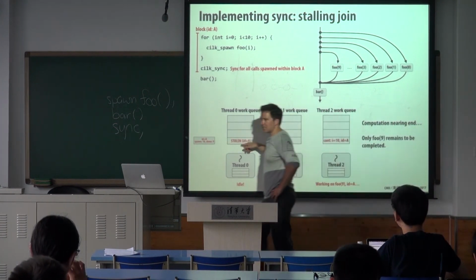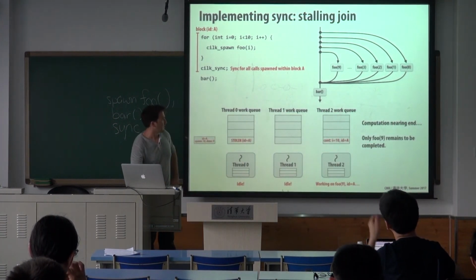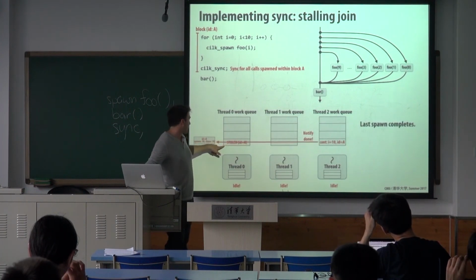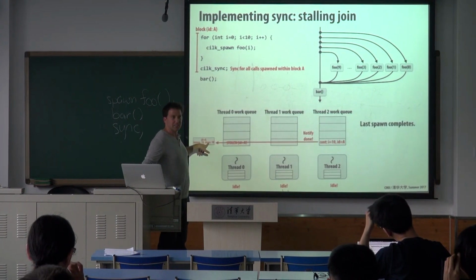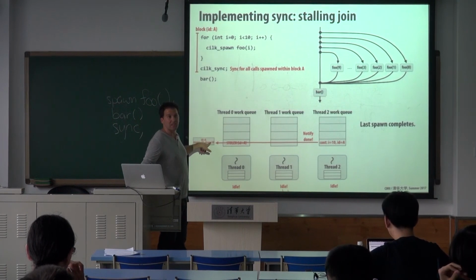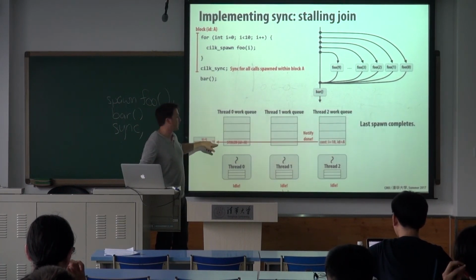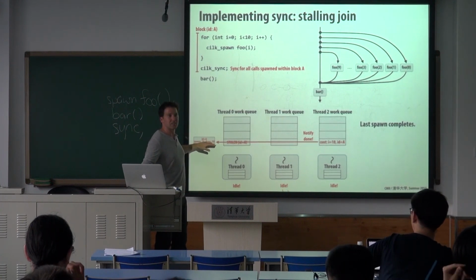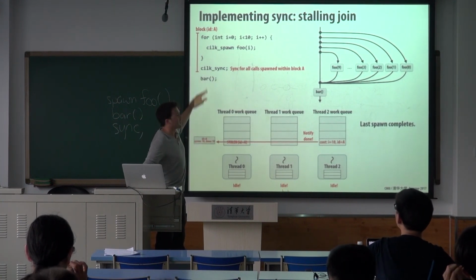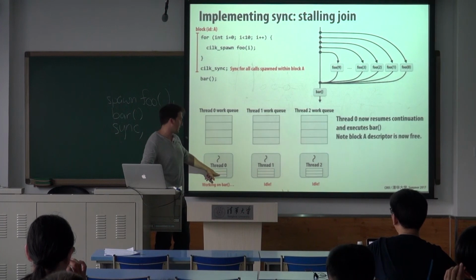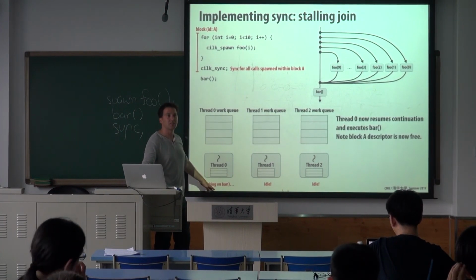And then we can just continue on. We can send the continuation back. Okay, so 10 are completed, 10 are done. And then we can just start working the sync. That means that the sync is done at this point. And now this thread can continue on after the sync.